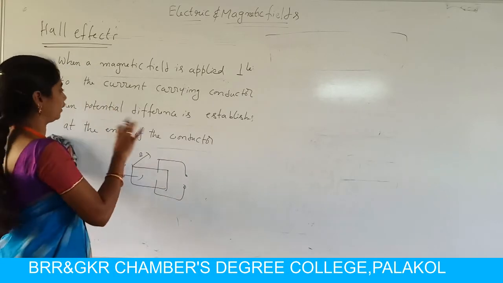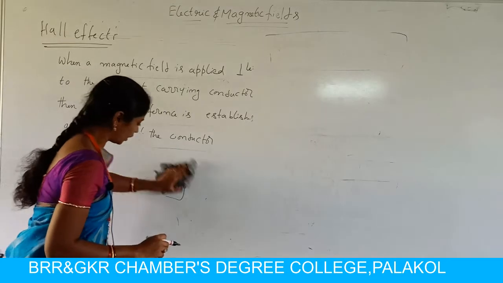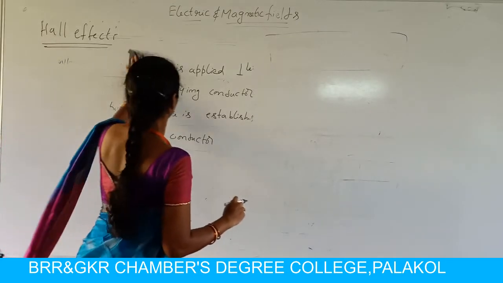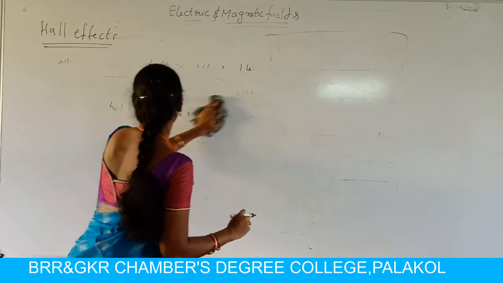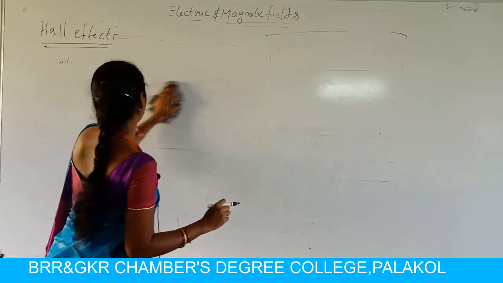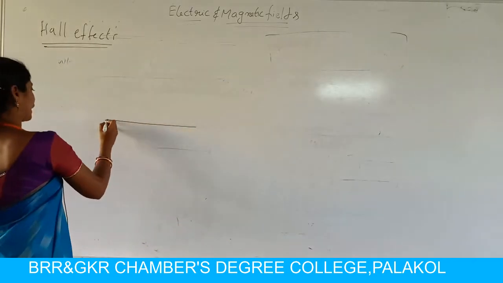This is the definition of the Hall effect. Understanding this, we draw the diagram for the Hall effect. For this we consider a rectangular strip.